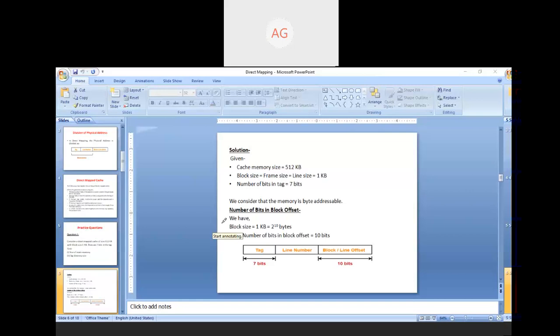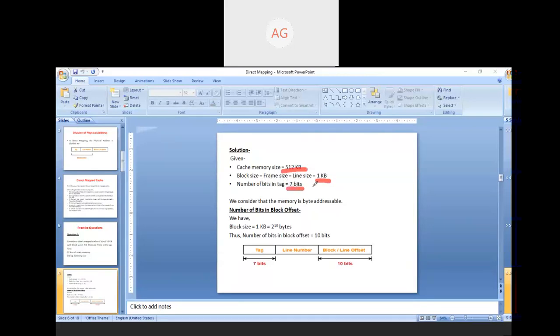So this is the step-by-step procedure for solving this question. First we need to write what are the things which are given to us. Basically the cache memory size is given to us in the question, which is 512 KB. Then the block size or frame size or line size is given to us, which is 1 KB, and the number of bits in tag is given to us, which is 7 bits.